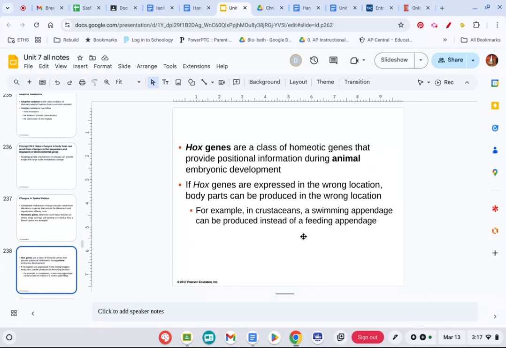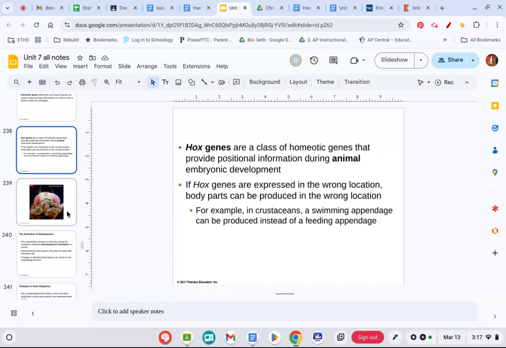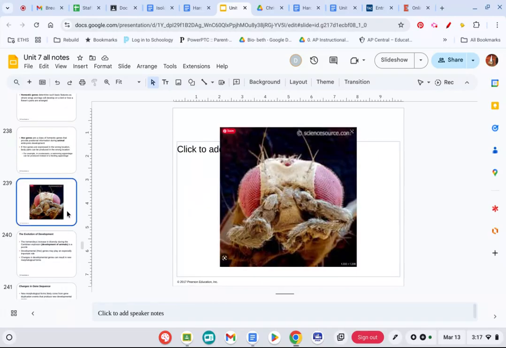And if these are made in the wrong location, or if they're not made at all, that can make a big difference in the survivability of the organism. It could be in a good way, or it could be in a bad way.